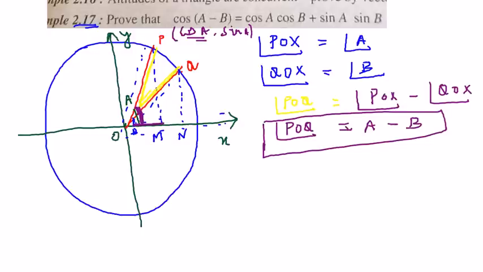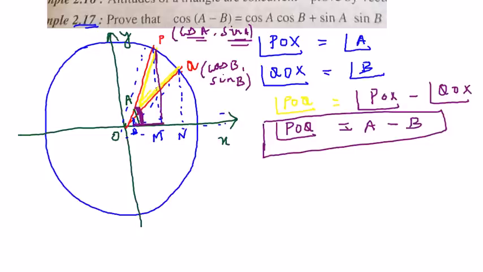So the x coordinate of P is cos A, and the y coordinate is sin A, because sin theta is opposite by hypotenuse. For angle A, PM is the opposite side. It is parallel to the y-axis, so it becomes the y coordinate. Similarly for Q, the point will be cos B comma sin B. I hope this is clear.